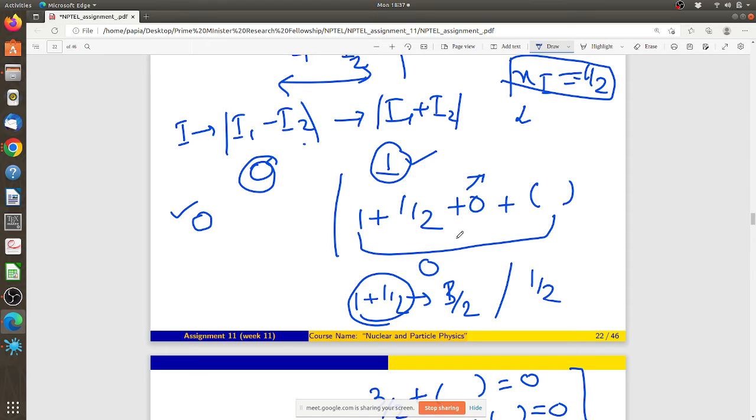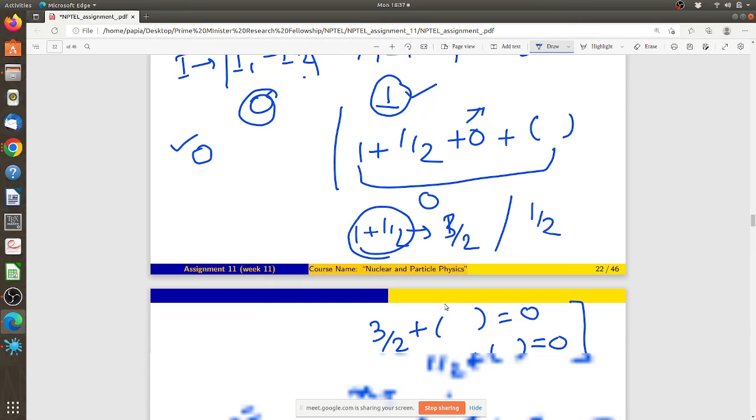To get the answer as 0, we are going to add each and every I value vectorically. I mean that vector sum I am going to add. So if I add vectorically, then I have found that if I put xi equal to half, then only we can have the right hand side vector sum as 0 in one condition.